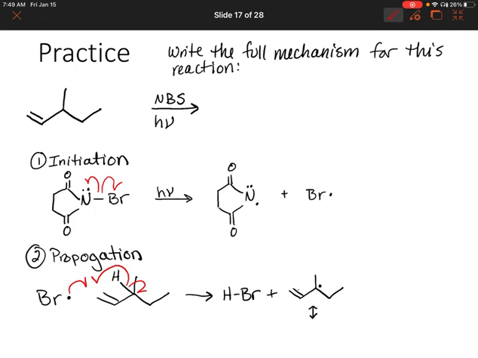That pi bond is going to homolytically cleave, and we're going to form a double bond on the next bond over. So the single radical electron will team up with one of the pi bond electrons, and the other pi bond electron will go to the carbon on the end of the molecule.